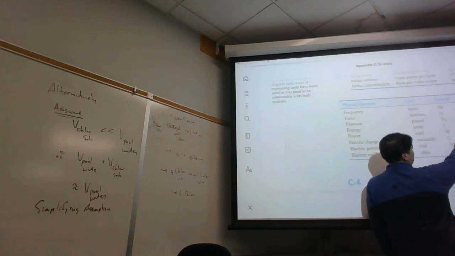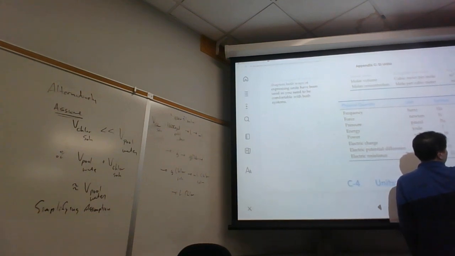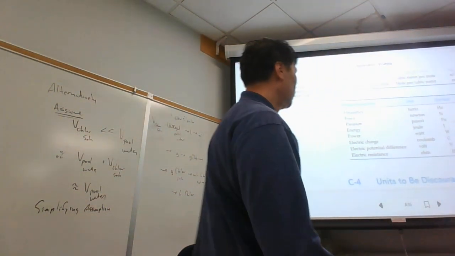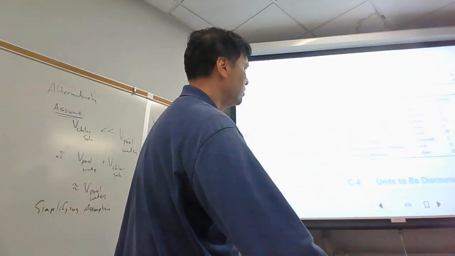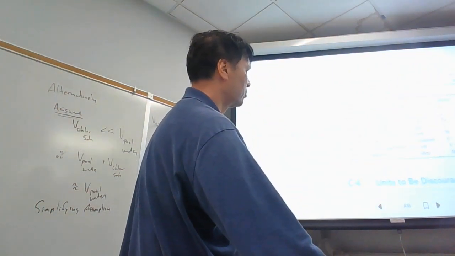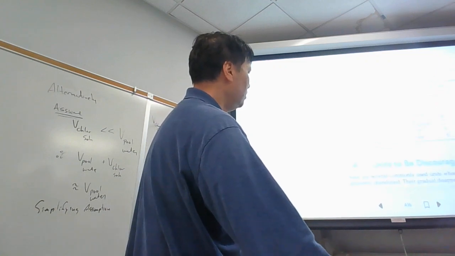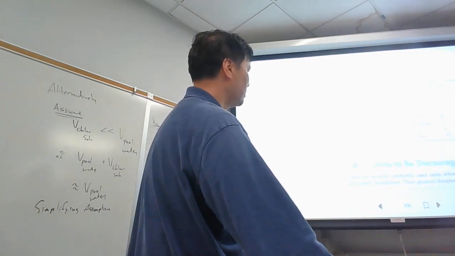A joule is defined as kilogram meter squared per second squared. Sometimes, instead of using capital J, we use this kilogram meter squared per second squared in its place.